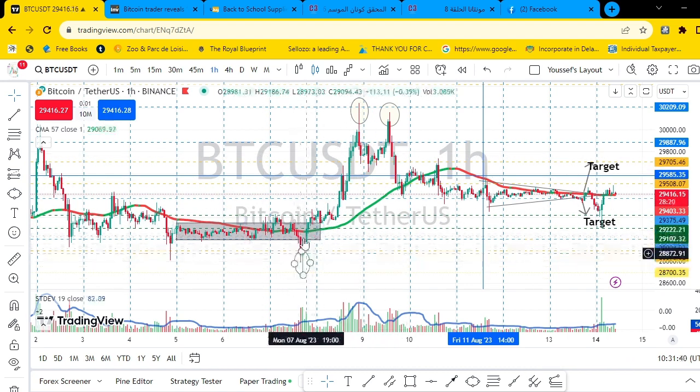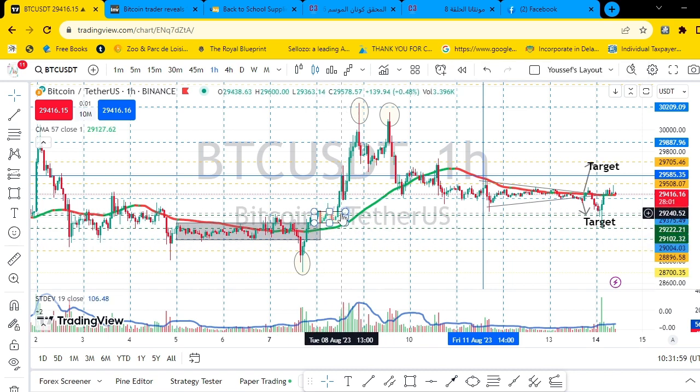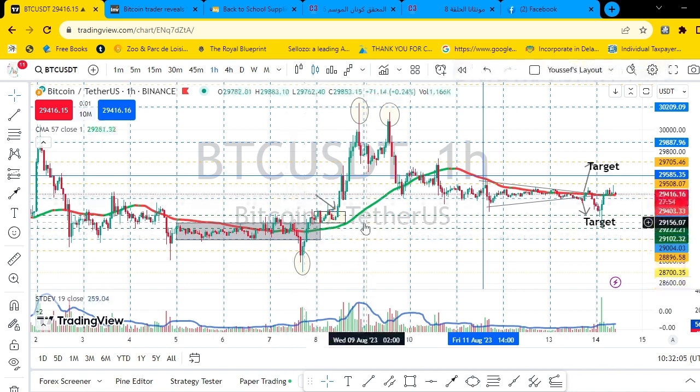For example, when the price crossed the 57 moving average and made a retest or a pullback and then corrected here for a few minutes, and then crossed this level, it burst higher, as you can see.